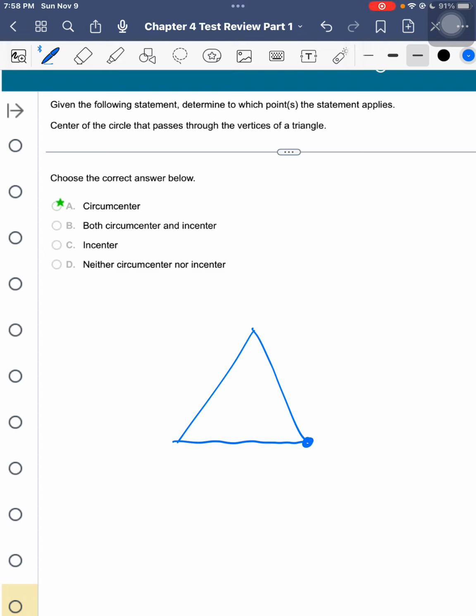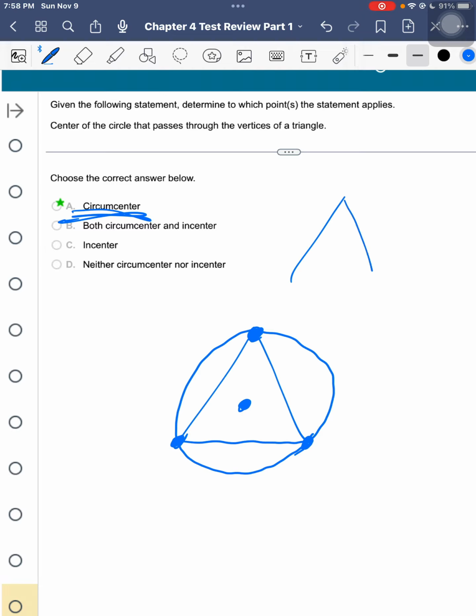Because in this triangle, these are the vertices, and we know that the invisible circumscribing circle will always pass through the vertices of the triangle. And when it's a circumscribing circle, that's when we have a circumcenter. So that's why the answer is circumcenter.